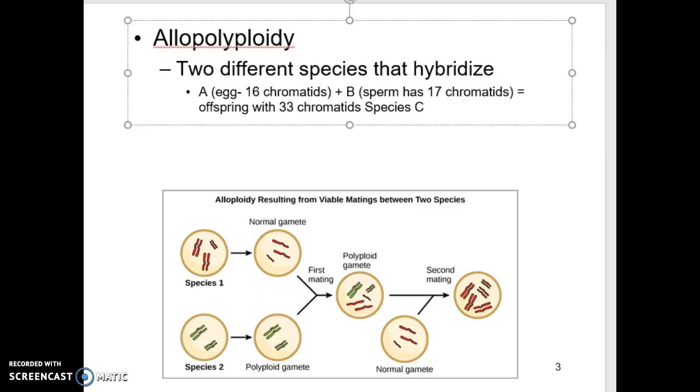Sometimes this happens. In the animal world, it doesn't always work. Most of the time, the hybrid doesn't survive. That's that hybrid inviability. It doesn't survive. But in the plant world, this can happen a lot more often, a lot more frequently.